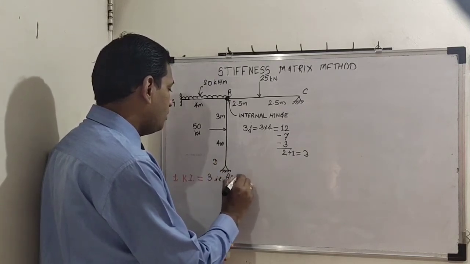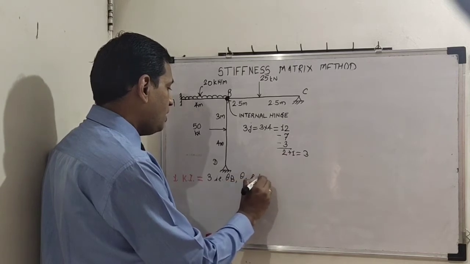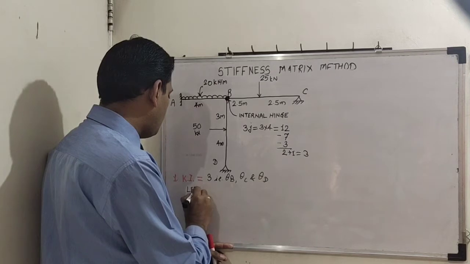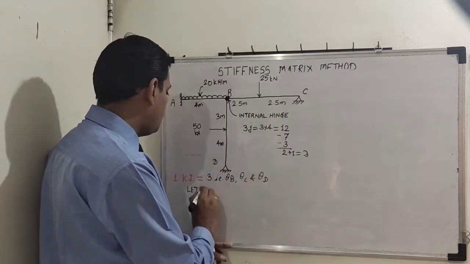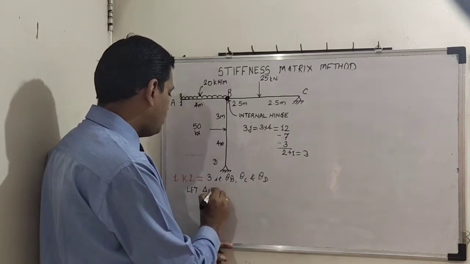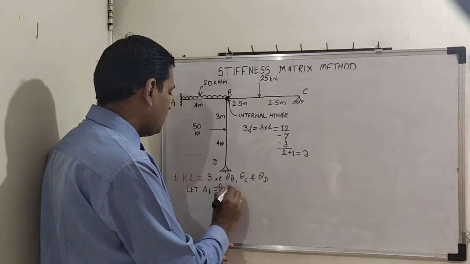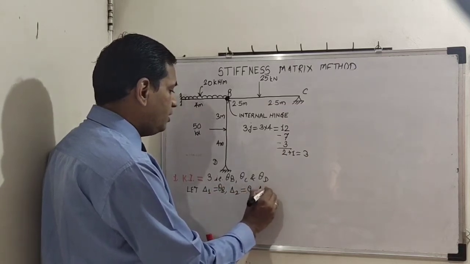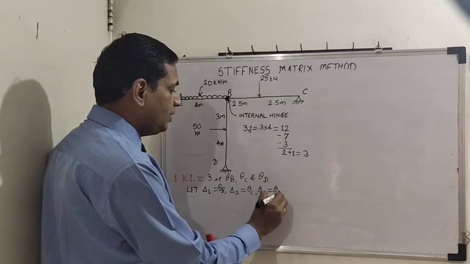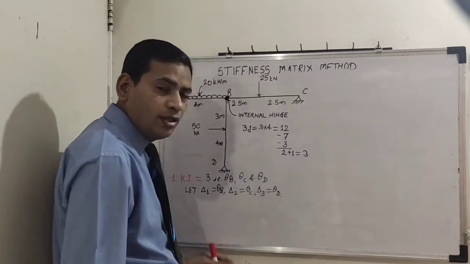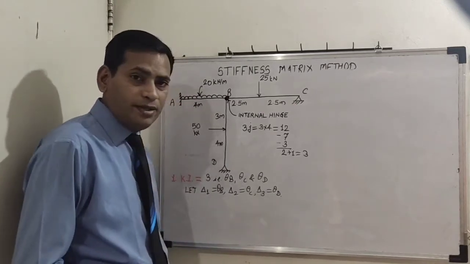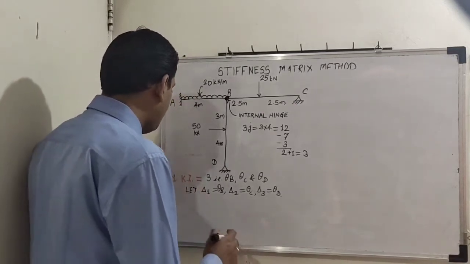Theta B, theta C, and theta D. So we shall give numbering to all these unknowns. Let delta 1 be theta B, delta 2 be theta C, and delta 3 be theta D. So this is our first step, kinematic indeterminacy.